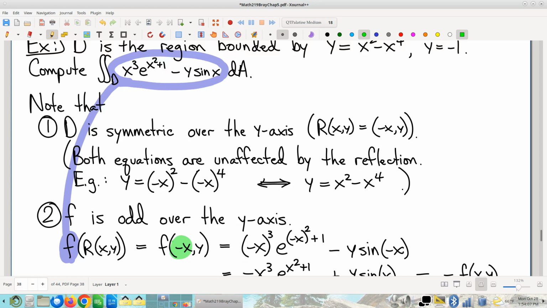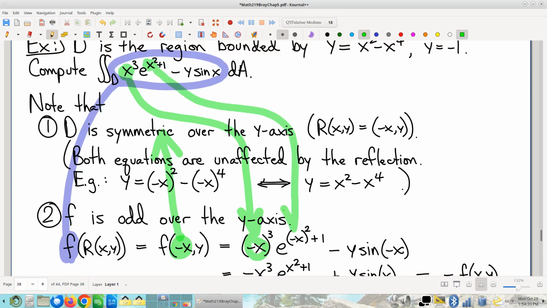If I were to write this as f of x comma y, it would be x as the first input and y as the second input. So when I say we're going to plug in minus x as the first input, that means minus x is going to go where x is, like so. Everybody follow that?